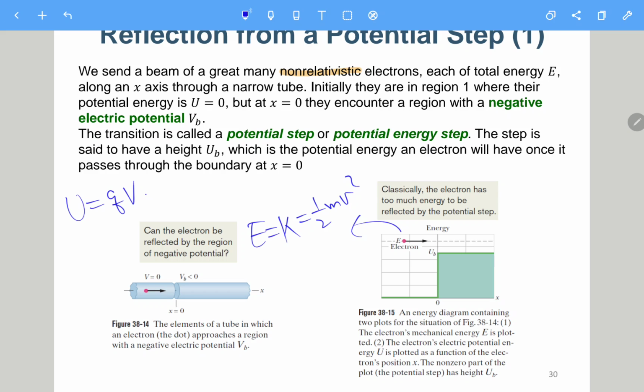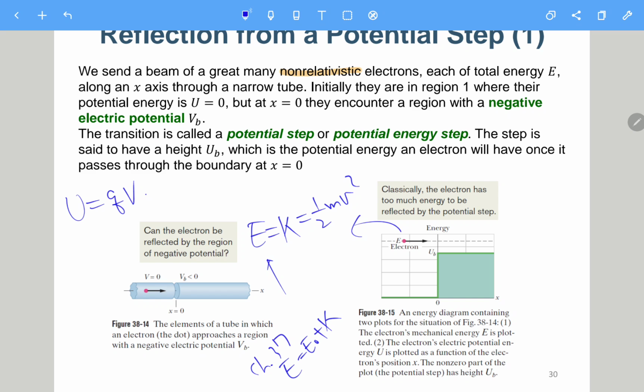You need to care about the notation. In this chapter, we use E for the electron, which does not count the rest energy. But in chapter 37, this E counts the rest energy plus the kinetic energy. In that chapter, E is gamma mc squared. E0 is the rest energy, which is mc squared.